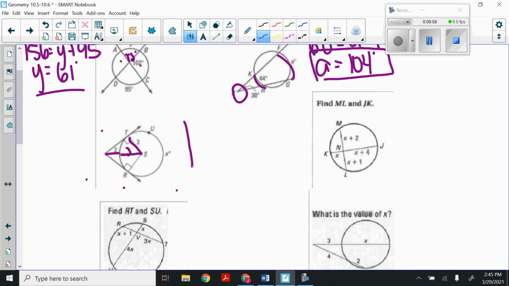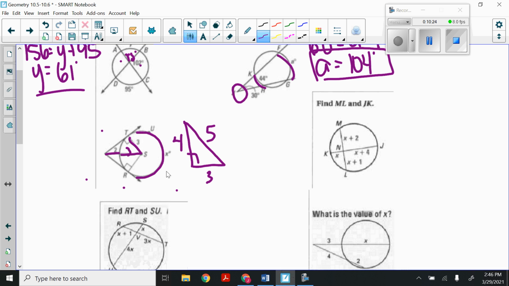So now again, if I look at this right triangle, I know that this side is 3, this is 5. So now if I want to find my angle X, I know that this side is 4 over here. So I'm looking for X. Okay?